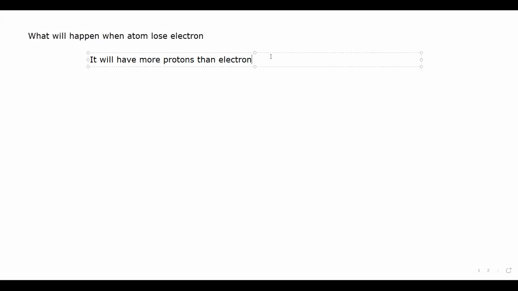So it will have more protons than electrons. If it has more protons than electrons, the charge which will appear on the atom will be positive.